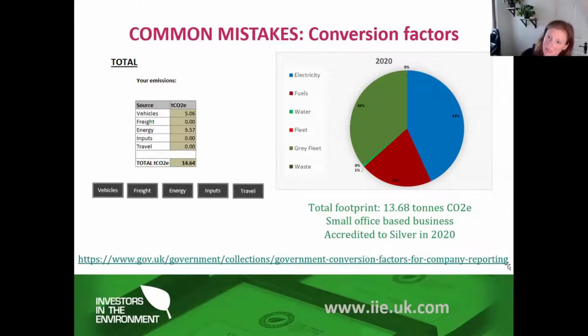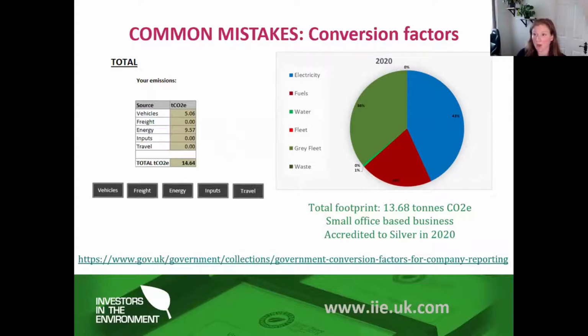So I interrogated the data a bit more, and it looked like it was pretty much the same data. There was a bit of water in the IIE calculator that wasn't accounted for in the other, but the significant difference was that the conversion factors were different. The reason was that when I had a look around, I realized this is an out-of-date calculator.